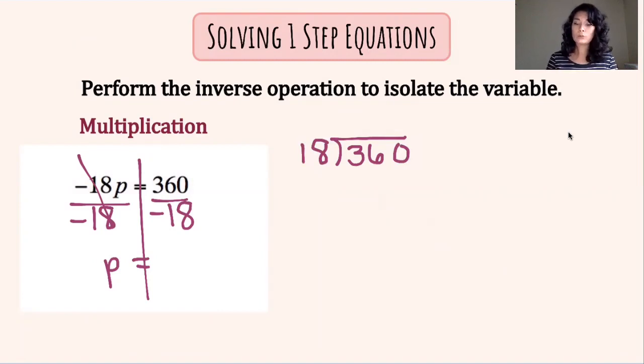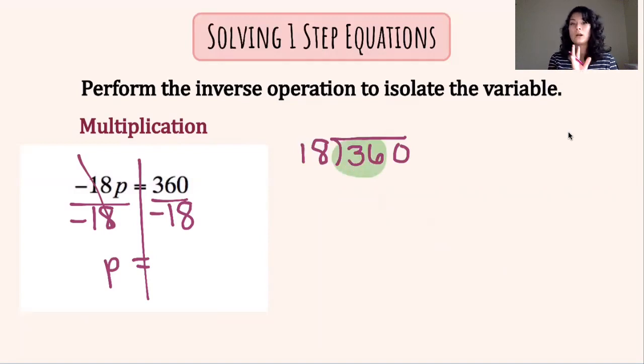So when we're doing a long division, you're trying to see how many times that divisor can go into that dividend. So I always start with the smallest number I see. Now, obviously, if I start with the smallest number and I just look at the 3, 18 can't go into 3. It's too small. So I have to look at the 36 first.